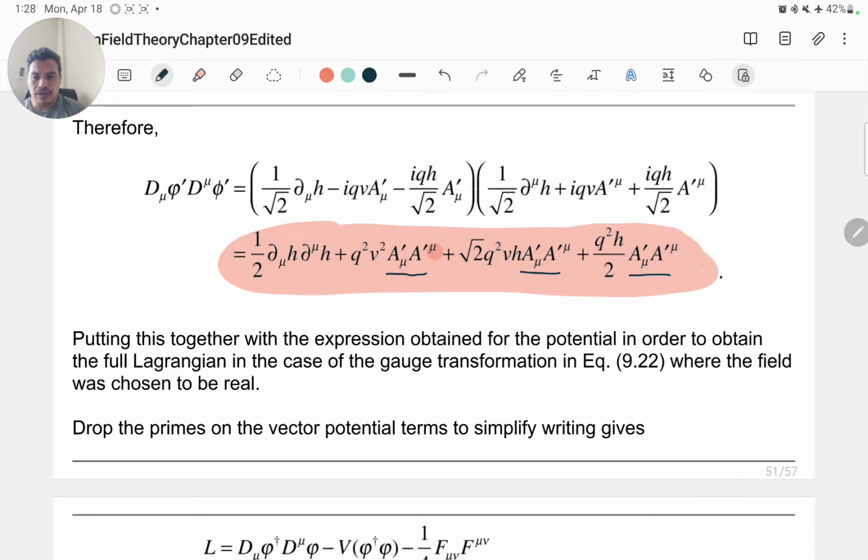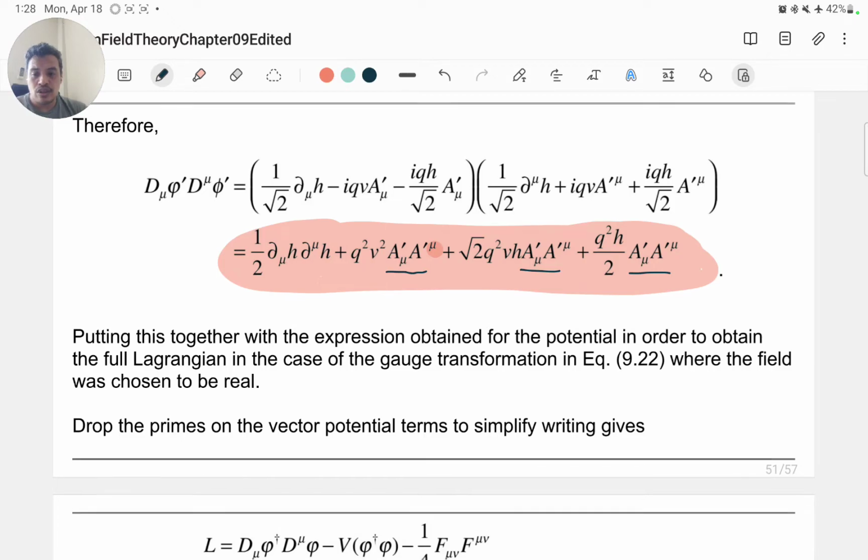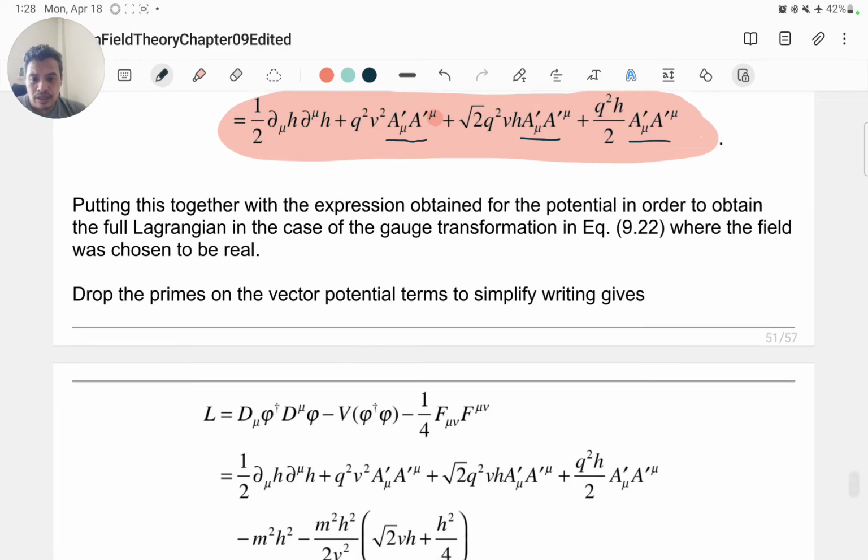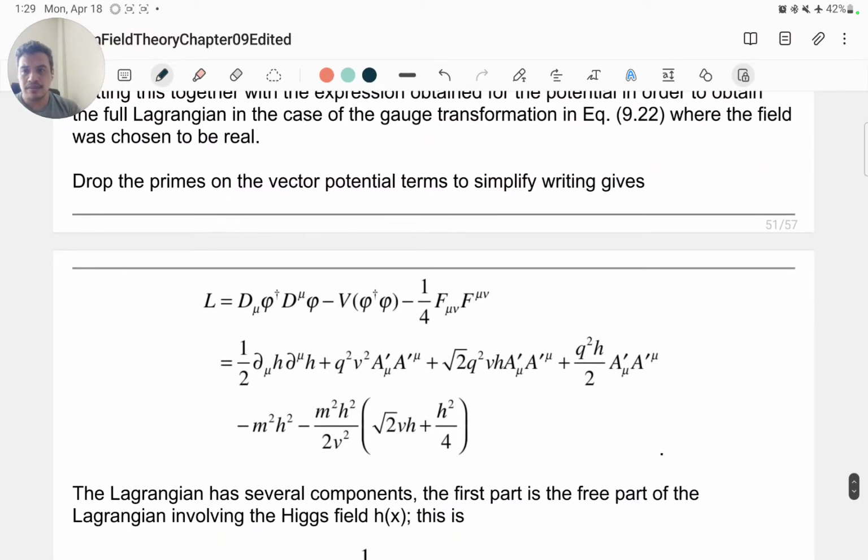Putting this together with the expression obtained for the potential, we obtain the full Lagrangian for this particular system. I'd like to repeat that we used a field that was chosen to be real that fluctuates about the minimum, that is H(x), the Higgs field that we have chosen. So if you put everything into the Lagrangian, you will have this.